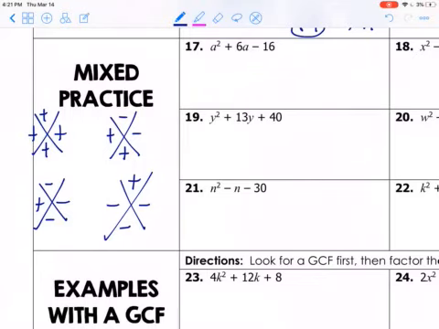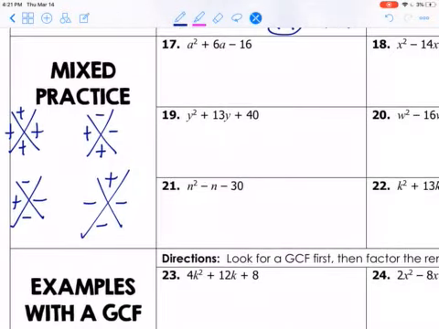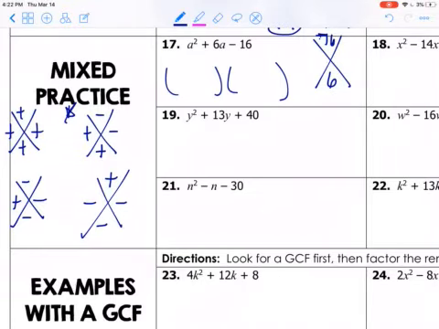So let's use that to do this. See what we got here. We have negative 16 on the top and a positive in the bottom. So if I have a negative in the top and a positive in the bottom, I'm looking at this one. So that would mean one of my factors would be positive and one's going to be negative.